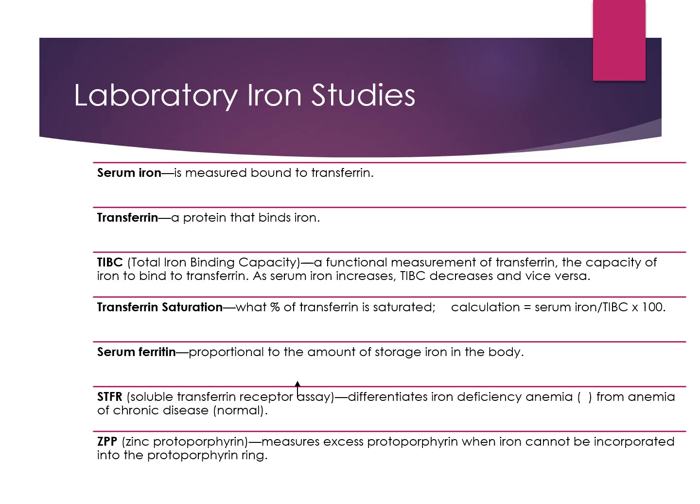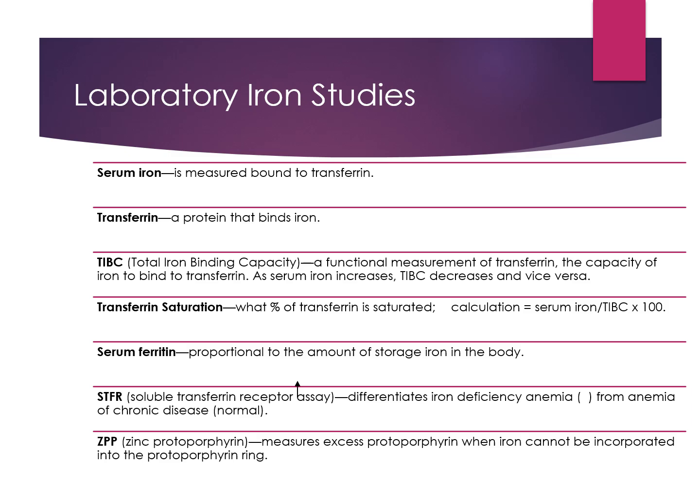The very first thing we want to know is, does the patient have enough iron? So we will do a serum iron level, and we're going to be measuring the iron that is bound to transferrin. We might also directly measure the transferrin. We want to make sure that we're not deficient in the transport proteins of iron.